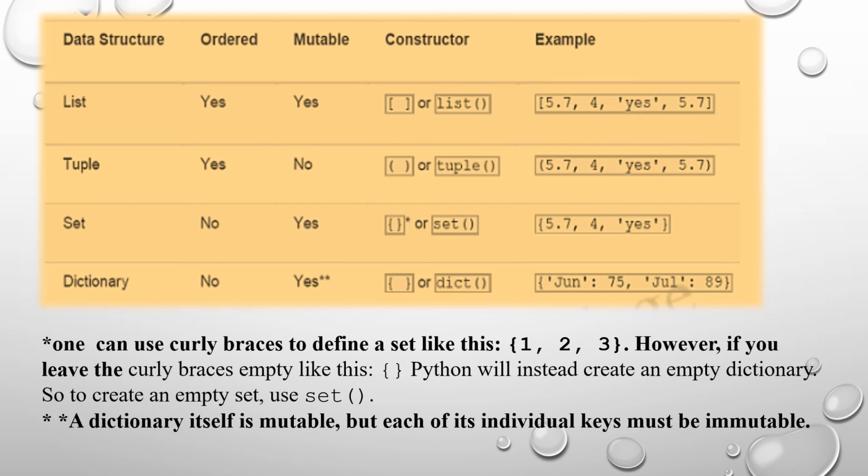So we know that Python data structures are list, tuple, set and dictionaries. List and tuples are ordered data structures. Set and dictionaries are unordered data structures. Here list, set and dictionaries are mutable and tuples are immutable.